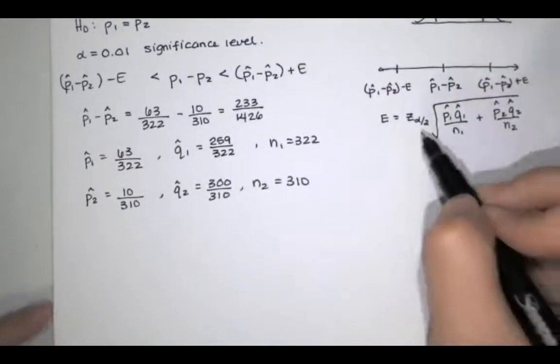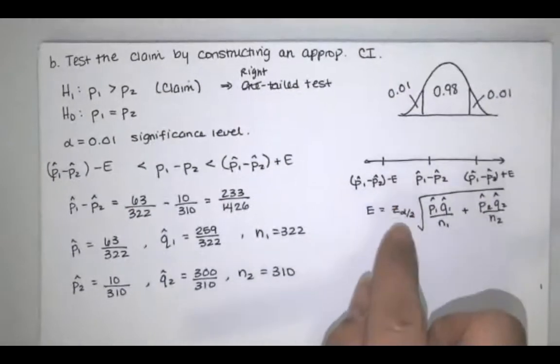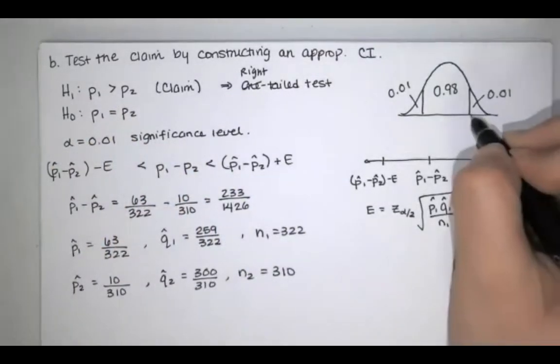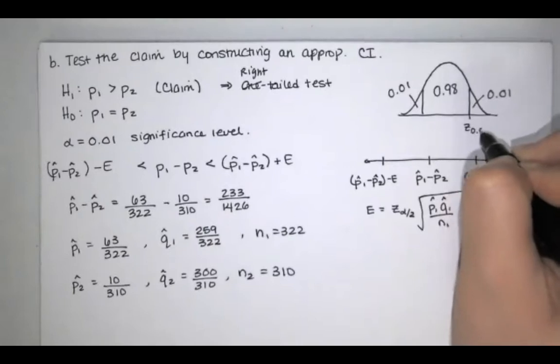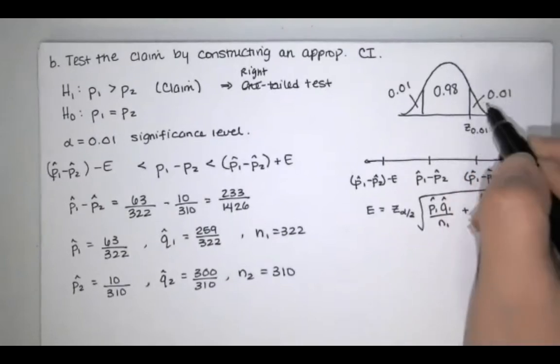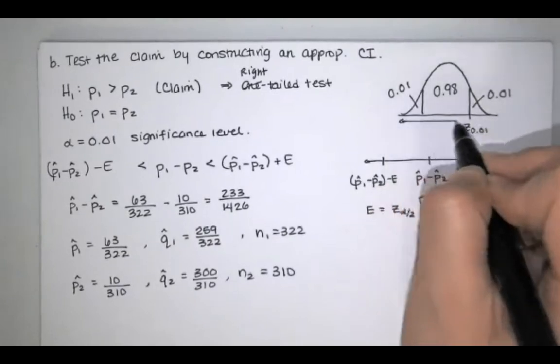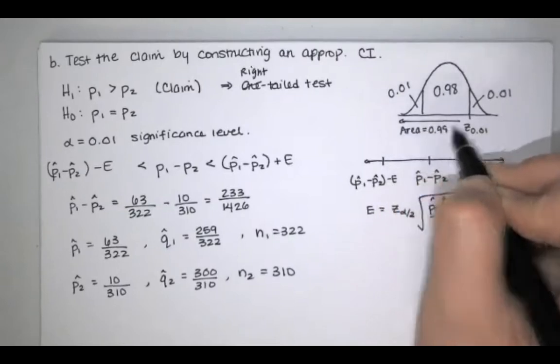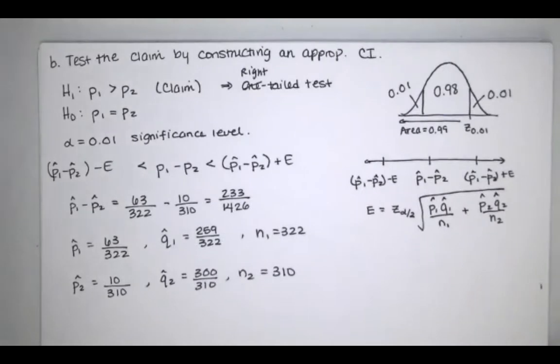So the z sub alpha over 2 that we want is not the one associated with this alpha. It's actually z sub 0.01. It's the z-score that separates that bottom 99% of the area from that top 1% of the area.